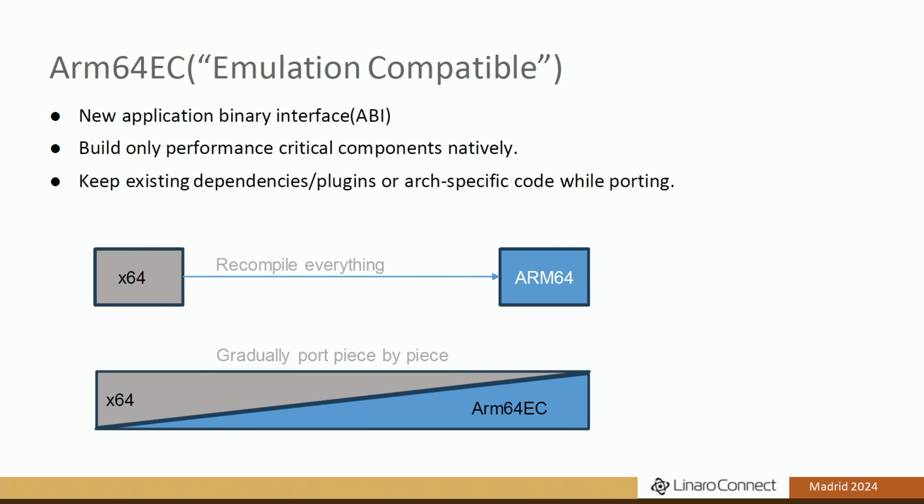It is guaranteed by Microsoft that it will work seamlessly with x86 binaries. So developers can port the critical parts one piece at a time, incrementally, until they reach their final goal. Then they can port everything into ARM64. That is the goal for this new ABI.